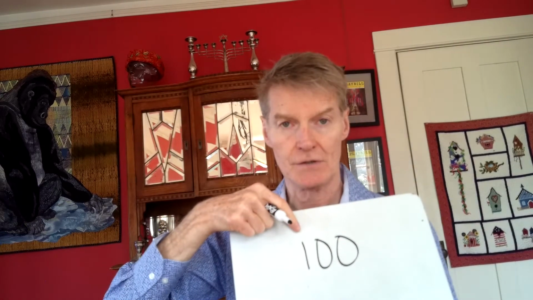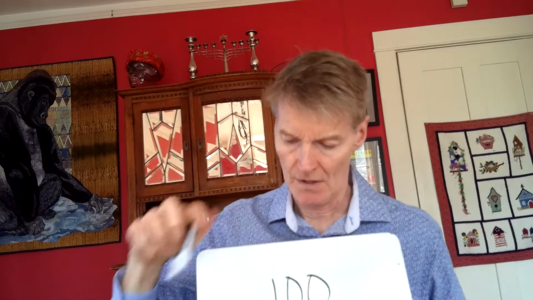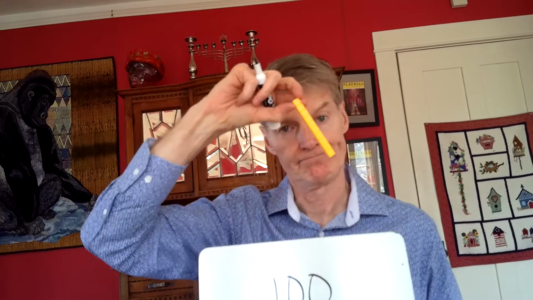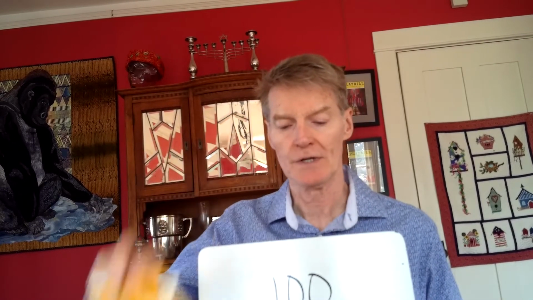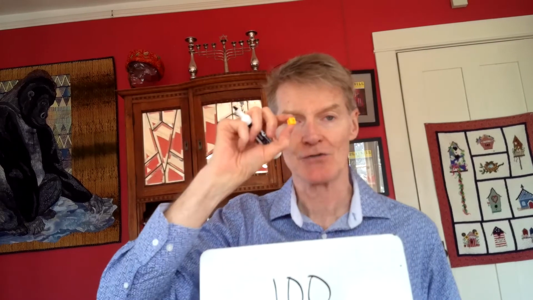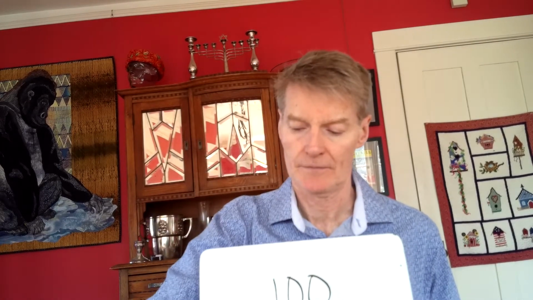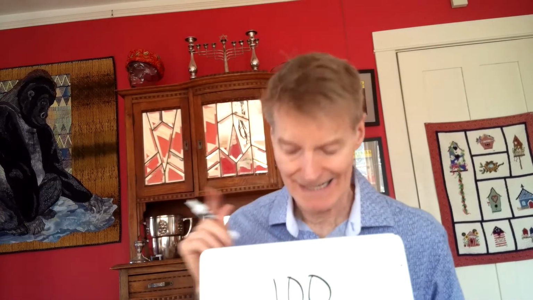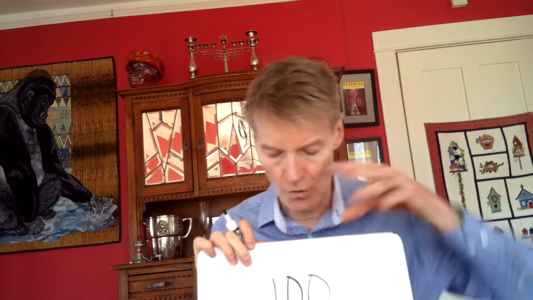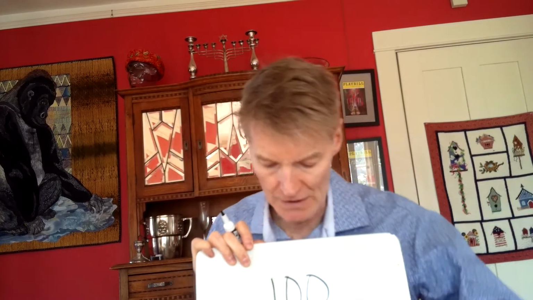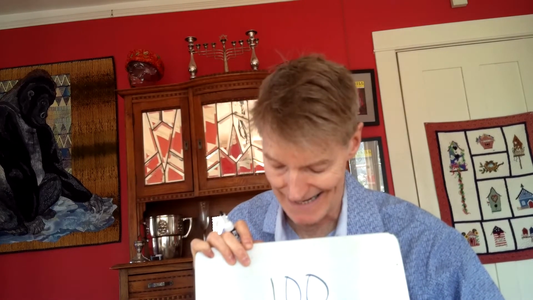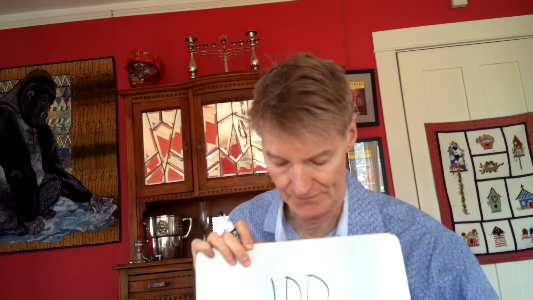But that's the first one. 100. 0 extra tens. 100. 0 extra ones. 3 digits or 3 parts to the place value means this is no longer just 1. It's no longer just 10. It now means 100. 3 parts to this.